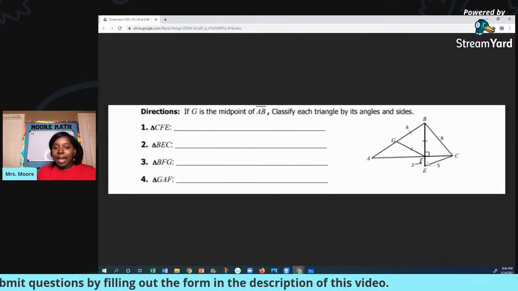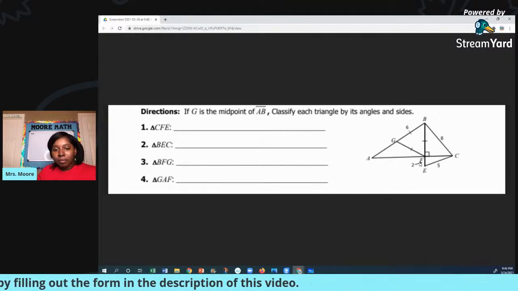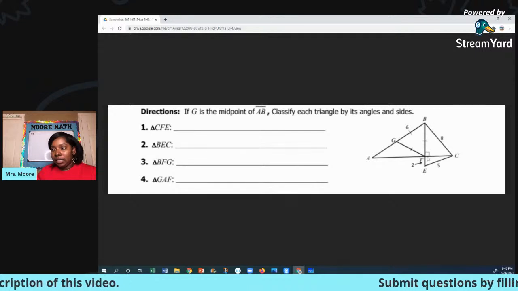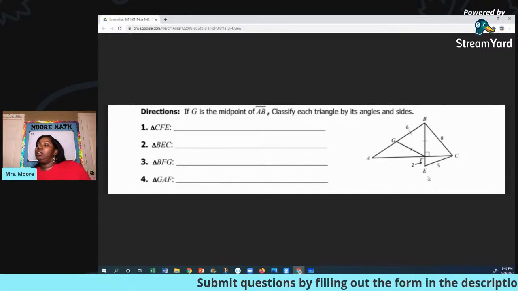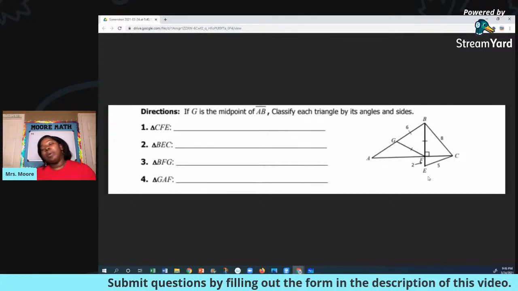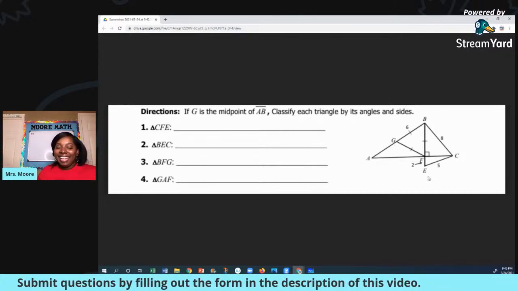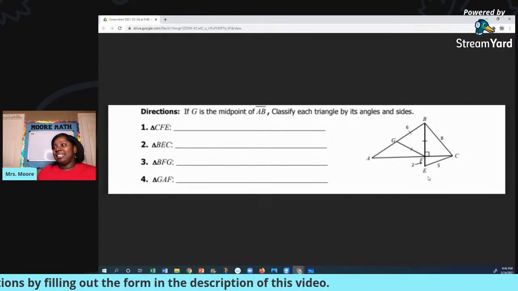So B, yes, there we go. Yeah, so it's isosceles. You said by side. Yep, isosceles by sides. Okay, yeah, the angles won't help us here, but it is isosceles.